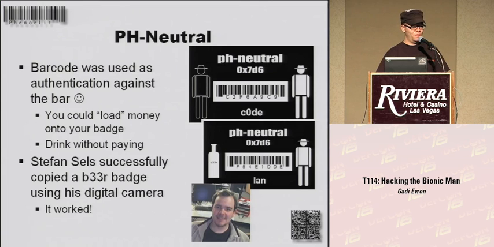There is this person who actually, like at pH Neutral, we have those badges, and some of those badges are the alcoholic badges. You can actually get free beer with them. And this guy didn't want to pay for beer, but get free beer, so he actually took a picture of someone's free beer badge, and then went to the copy shop and got it printed out and laminated, and got free beer. Which is why we now have chip cards.